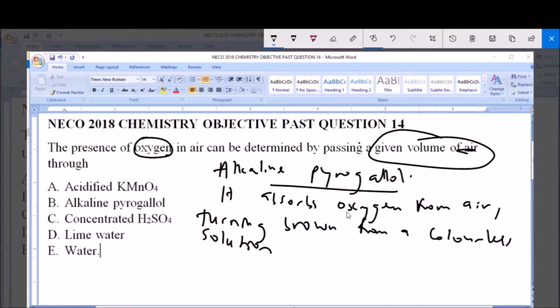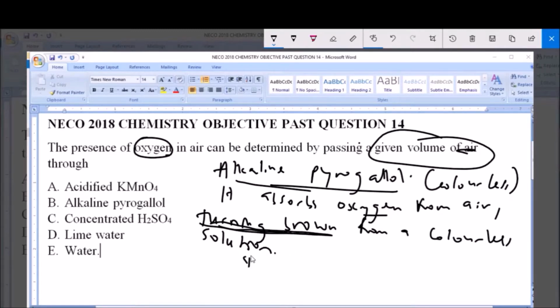So what happens is that alkaline pyrogallol is usually colorless, but when you pass a volume of air containing oxygen, of course, it will absorb that oxygen from the air and turn brown. So it will no longer be colorless, it will become brown.